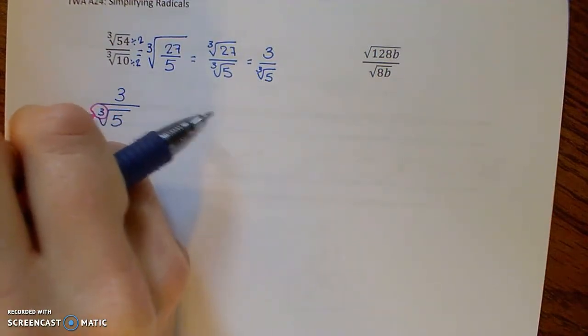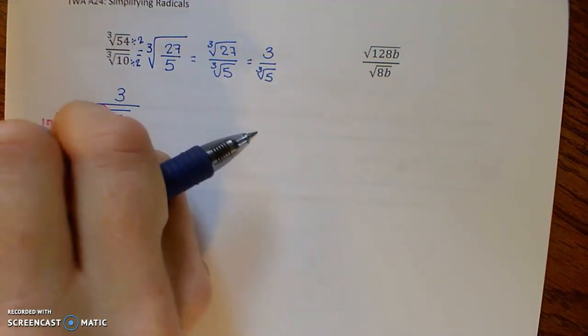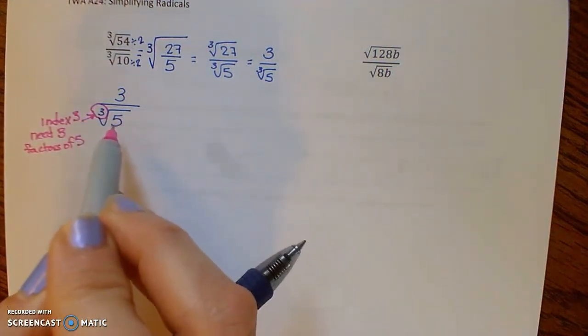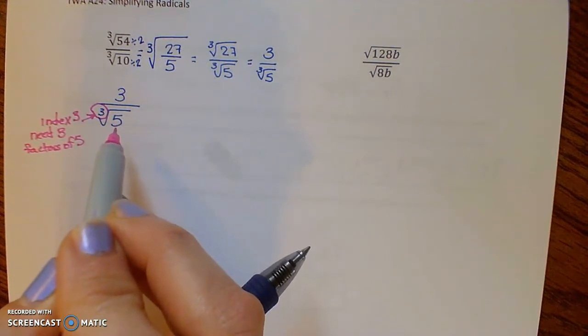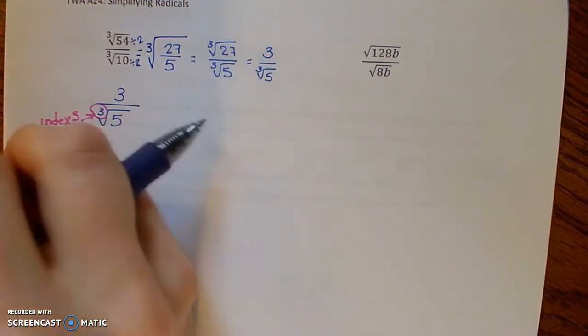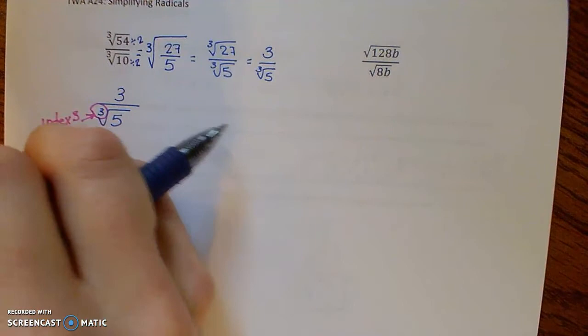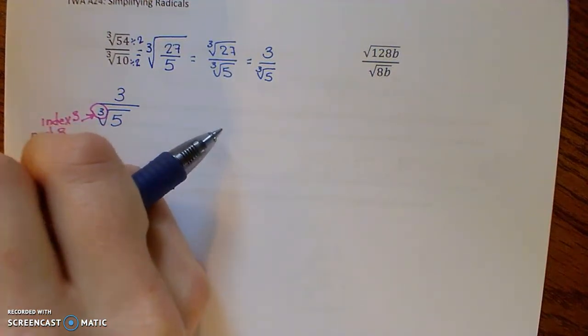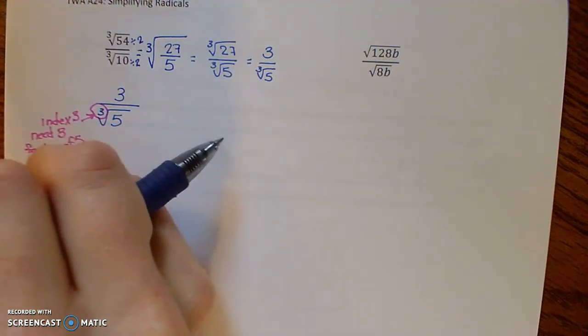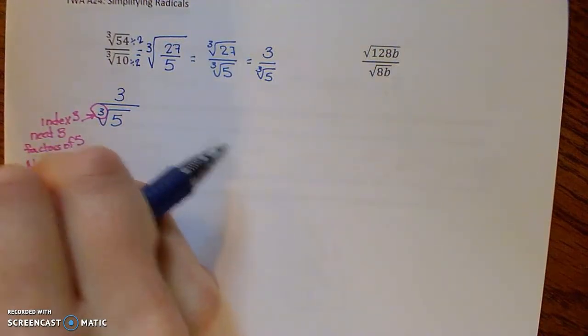3 factors of 5. So I already have 1 factor of 5, right? So really, I'm going to need 2 more 5s. So we need 2 more factors of 5.